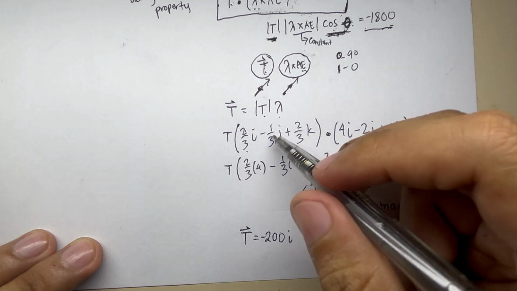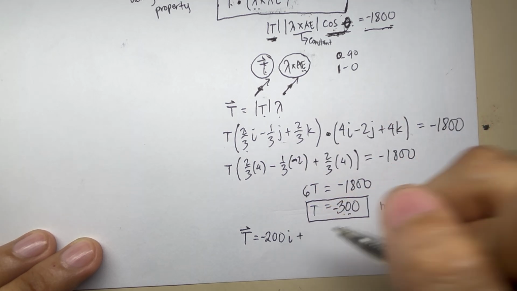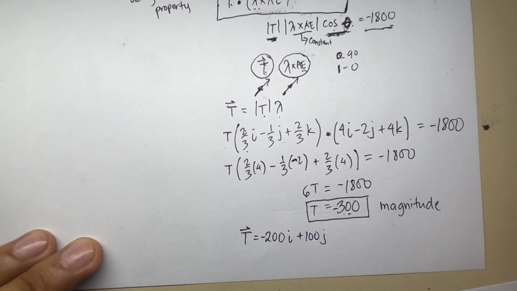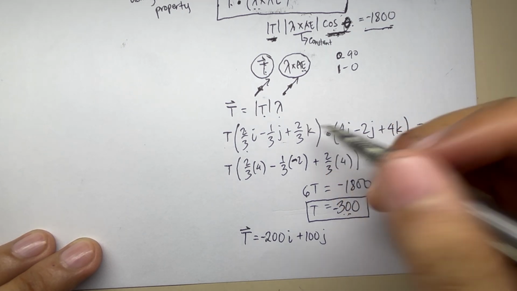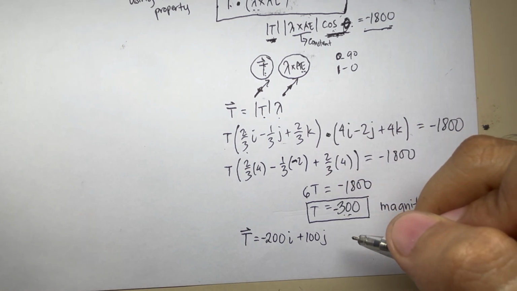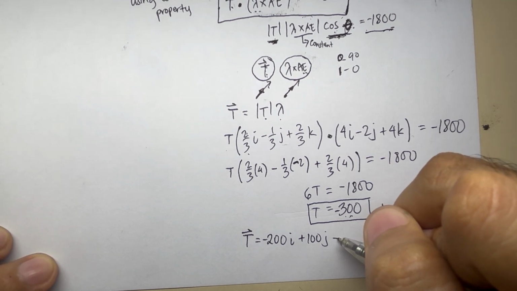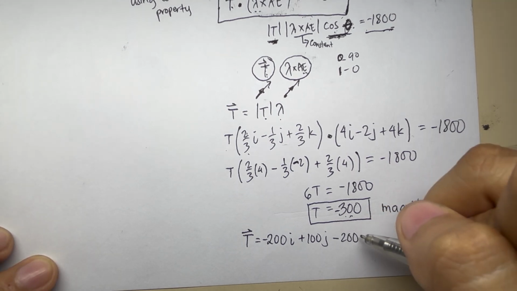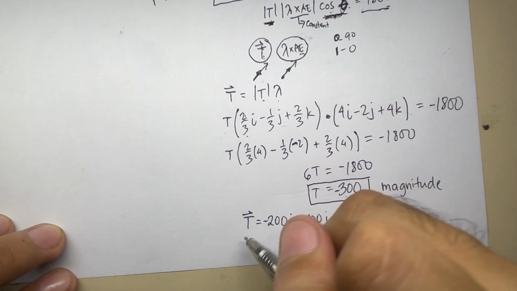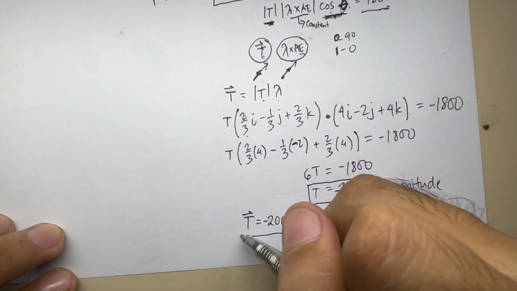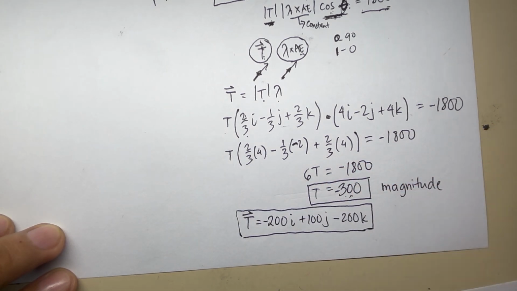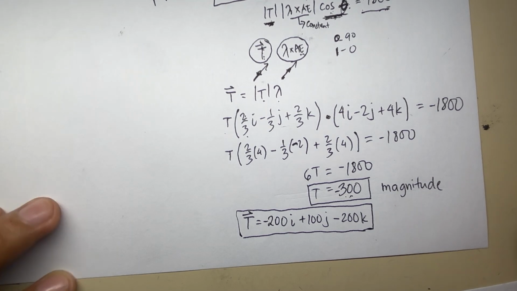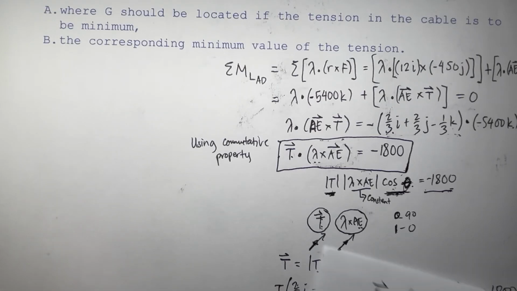Then negative 300 times negative 1/3, we have positive 100j. Then negative 300 times 2/3, we have negative 200k. So this would be the expression in vector form of our tension.